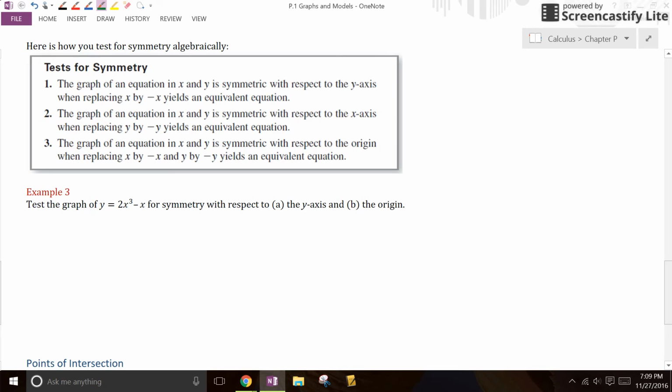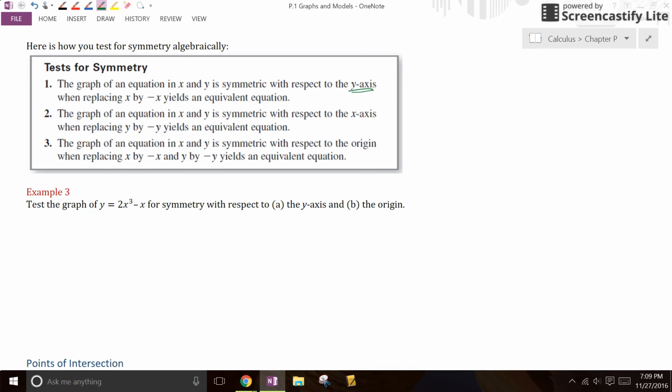That's a super easy step, and you see the test right there. If you want to check for y-axis symmetry, you replace all the x's with negative x's. If you want to check for x-axis symmetry, you replace all the y's with negative y's. And if you want to check for origin, you replace all the x's with negative x's again. Now, that's pretty much what I do. If somebody asks, is this symmetrical around the x-axis, or does it have any symmetries?